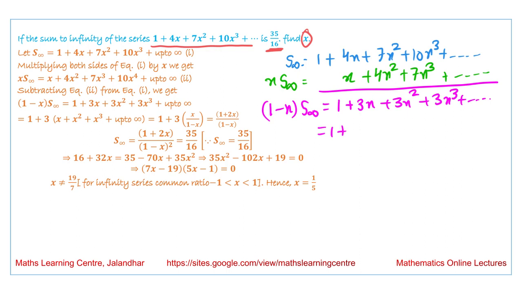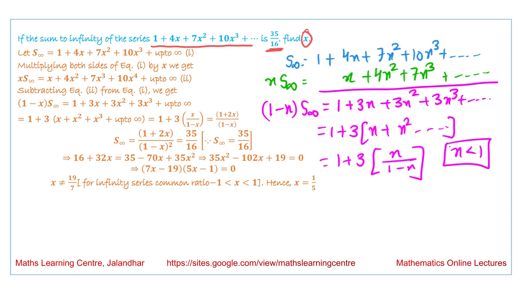So this is equal to 1 plus 3 into x plus x square and so on up to infinity. This is equal to 1 plus 3 into the sum of infinite terms, which is x over 1 minus x. We are assuming that mod of x is less than 1. This holds only when mod of x is less than 1, otherwise this sum is not possible.